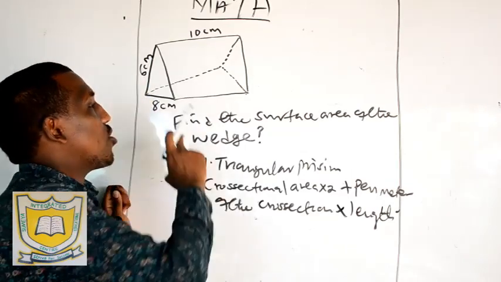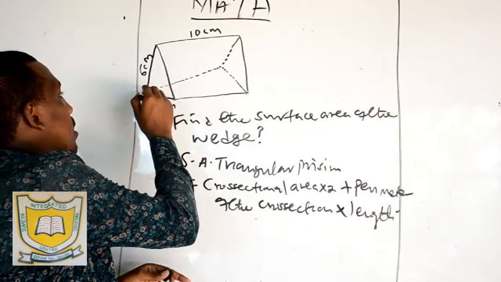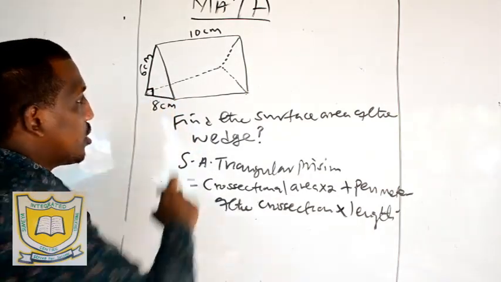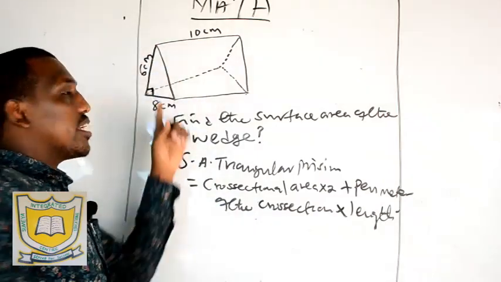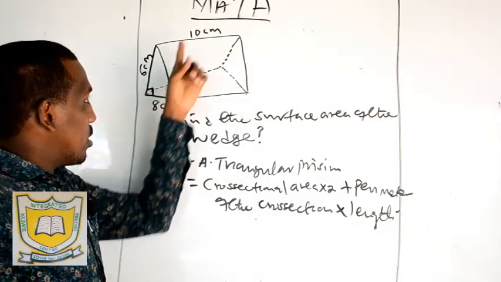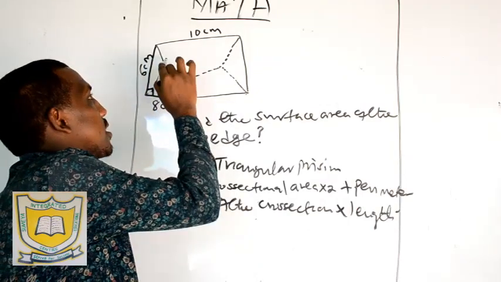So we get the area of the cross-section. The area of the cross-section means you get the area of this right angle triangle, then you say times 2. After that you will find out the perimeter of the right angle triangle, then you say times length. After that you add. But before we do, we must get the hypotenuse here.